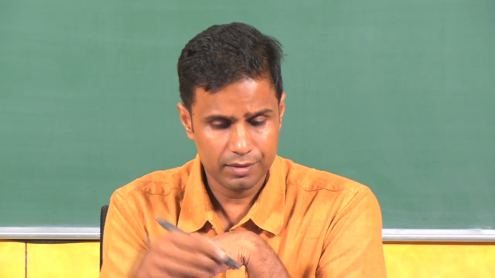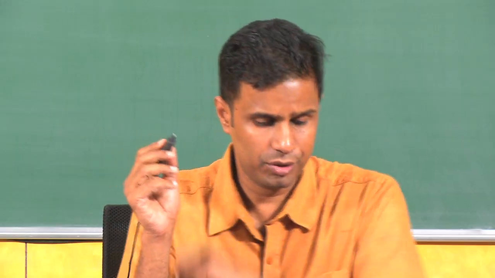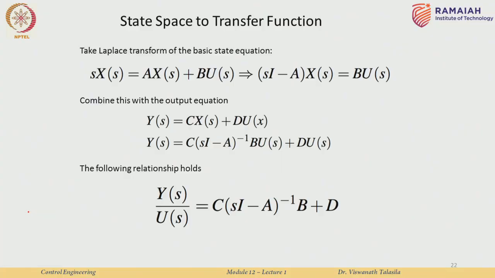So this is a very simple derivation to show that. Remember our basic equation was x dot equal to Ax plus Bu and y is equal to Cx plus Du. This is the general form of the basic state space system. Now when I convert this into the Laplace domain, d by dt is basically the s term in the Laplace domain.